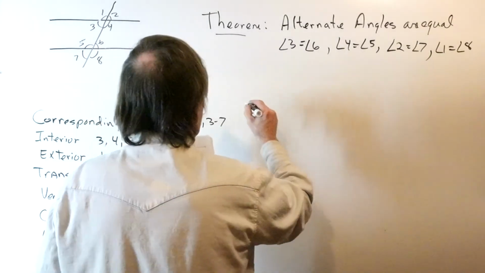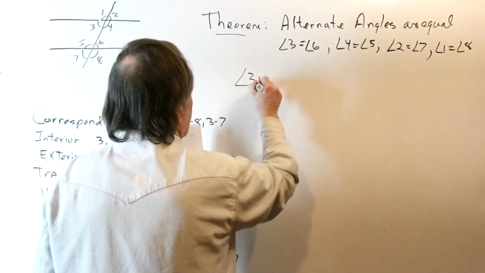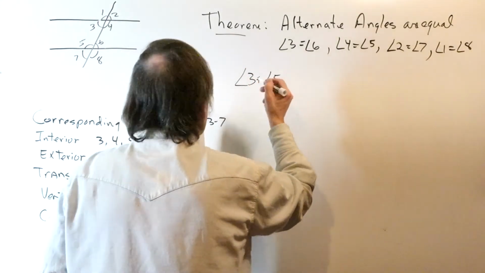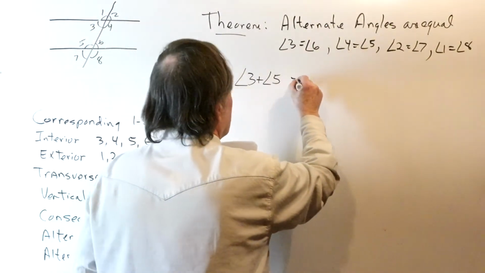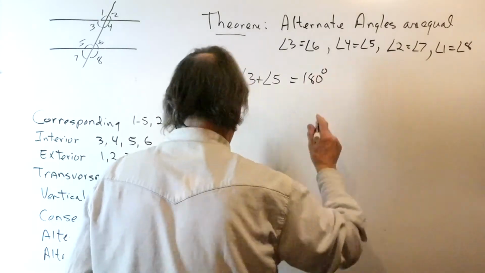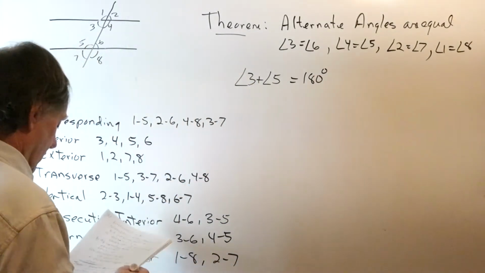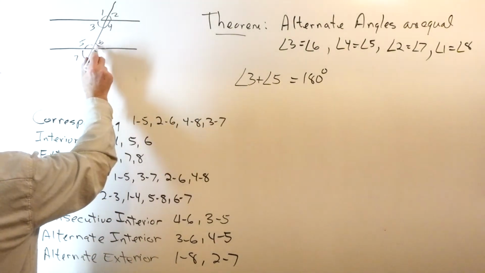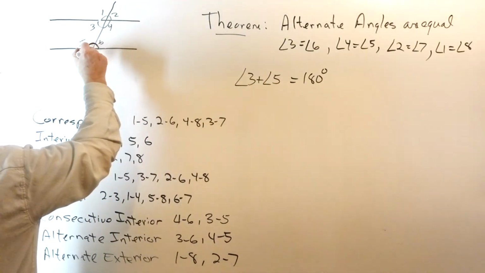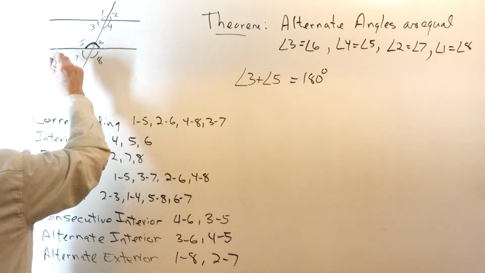Well, we just proved that angle 3 and angle 5 are supplementary angles. They sum to 180 degrees. That was just proven. Now, by definition of supplementary angles, we know that 5 plus 6 is 180 degrees because it gives us a straight angle.